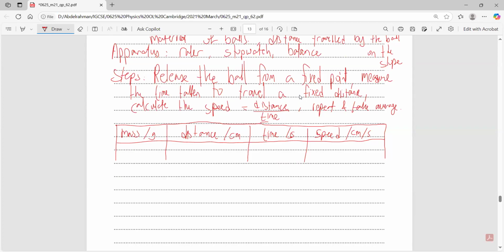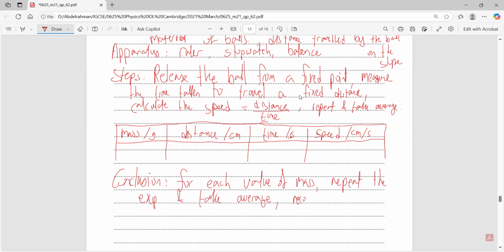For the conclusion, you need to write down that for each value of the mass, repeat the experiment and take average. Record the results in a table and compare the results.